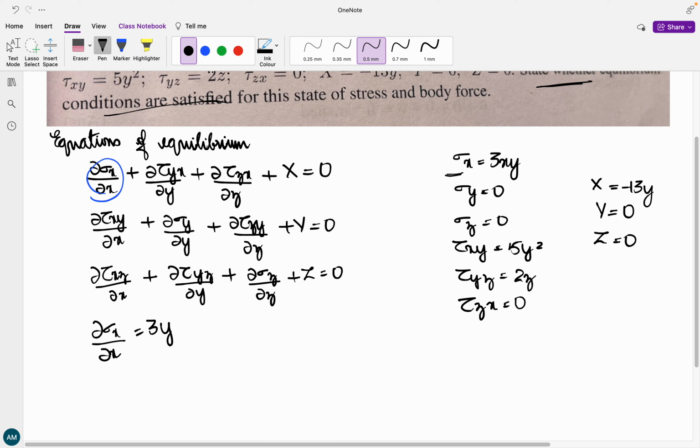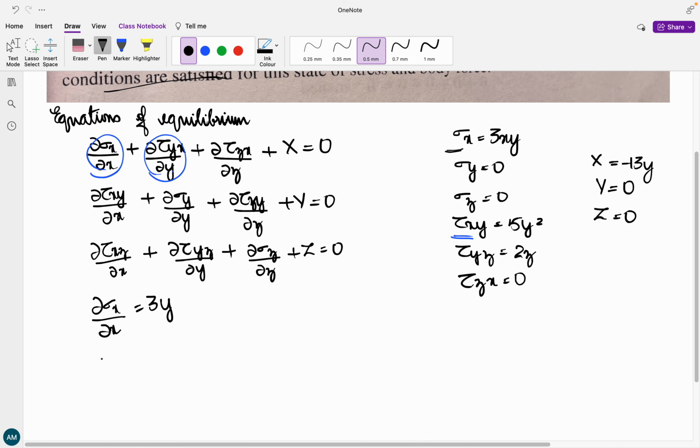Then you have ∂tau yx/∂y. So this one has to be differentiated with respect to y. Tau xy and yx are one and the same. ∂tau xy/∂y equals 5 into 2, 10, 10 times y.